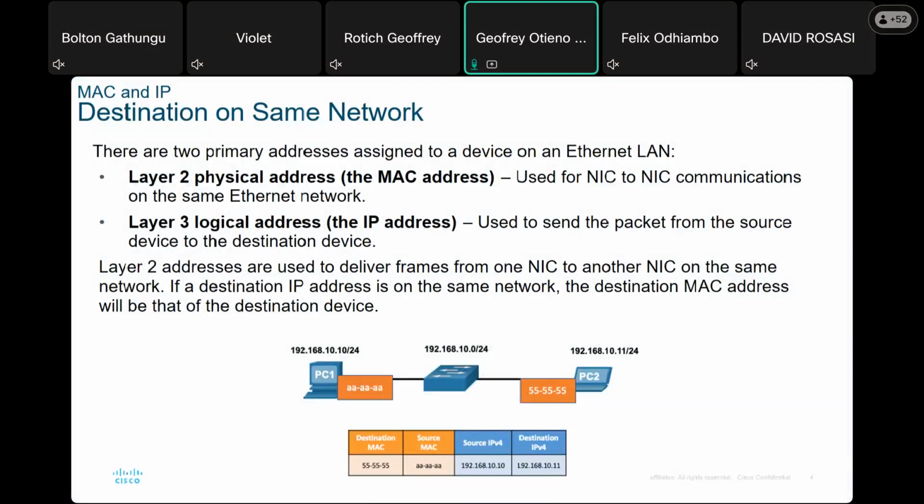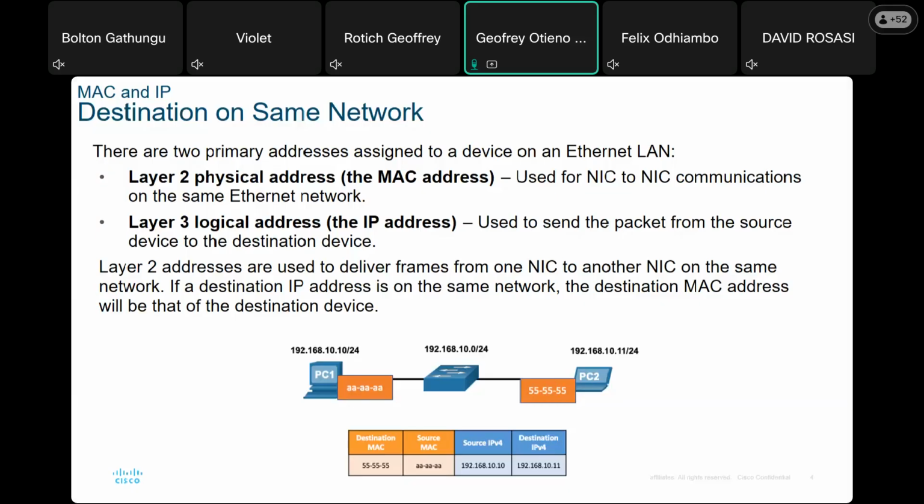So what happens when devices communicate within the same network? What happens when devices communicate on a different network? In terms of these addresses, that's the most important question we need to ask ourselves here.